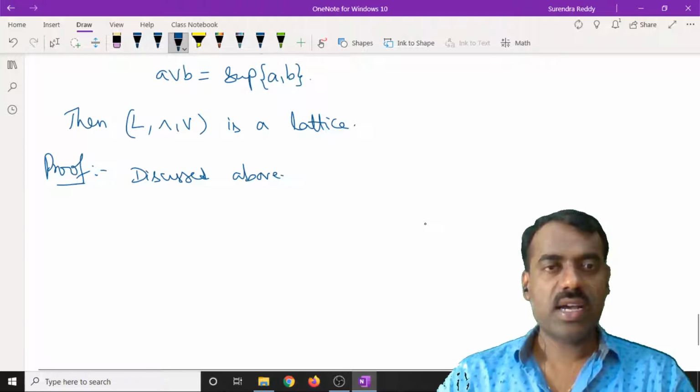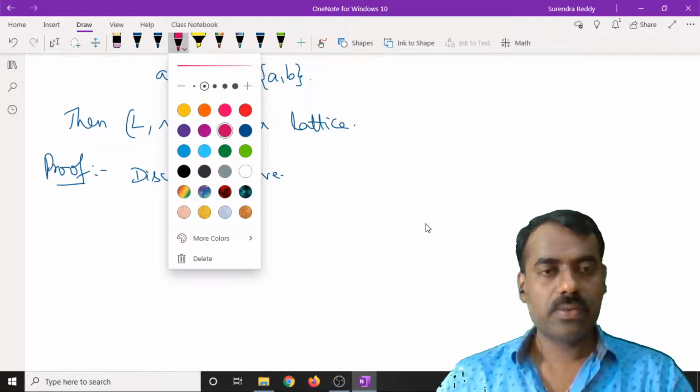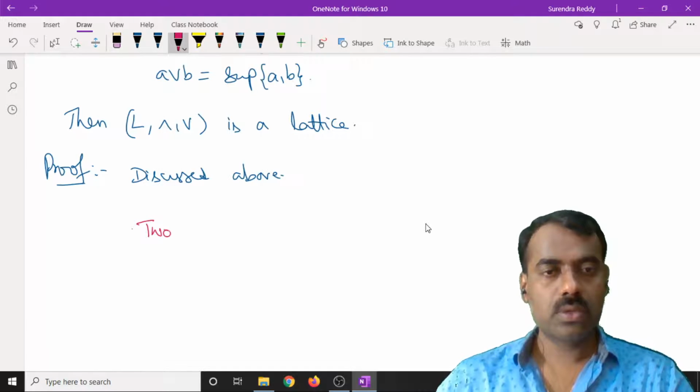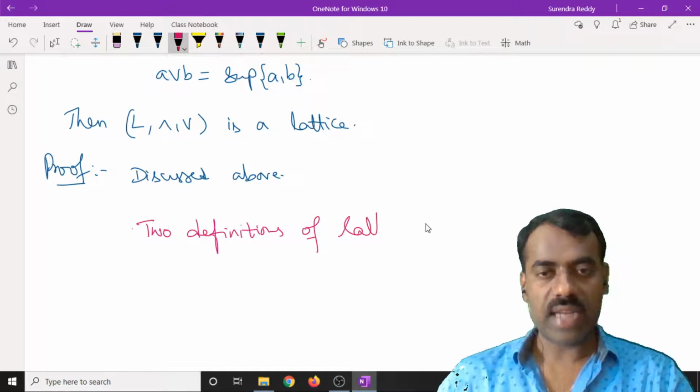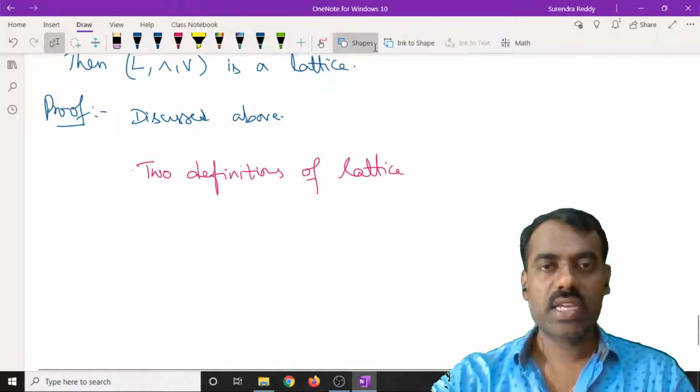We can quickly write the comparison. So what are the two definitions of lattice? The first one we can write here.